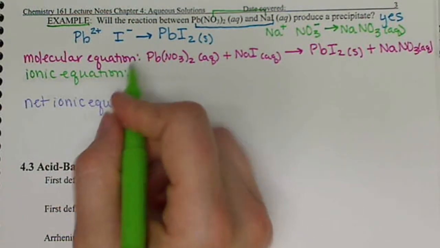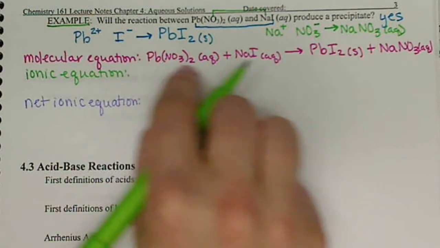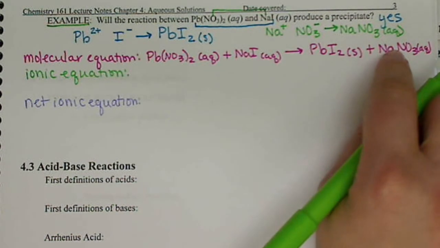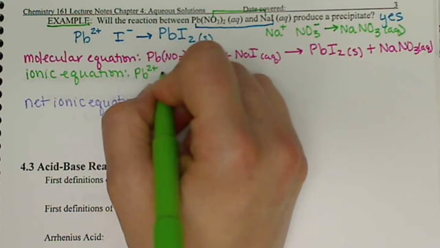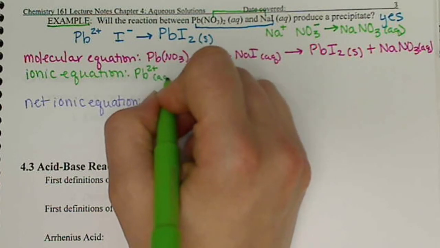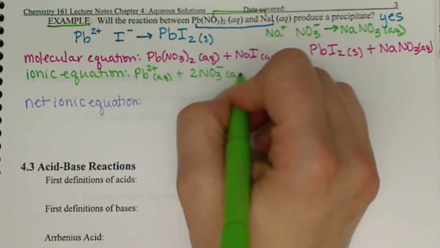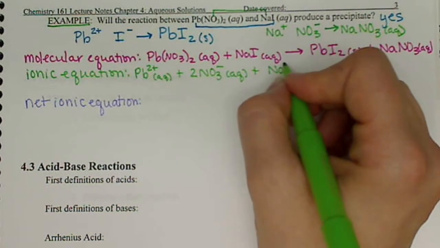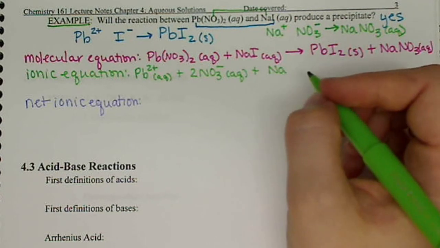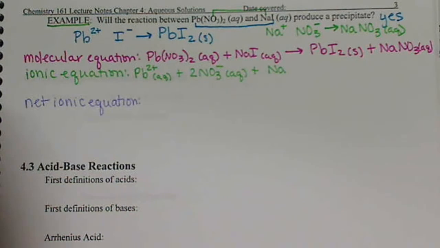Our ionic equation is where we're going to split apart all of our aqueous components. So we split this apart, and our sodium nitrate. So we have Pb2+ aqueous. We're going to get 2 nitrates, aqueous. And we have a sodium ion. Oh, I'm not balanced up here.